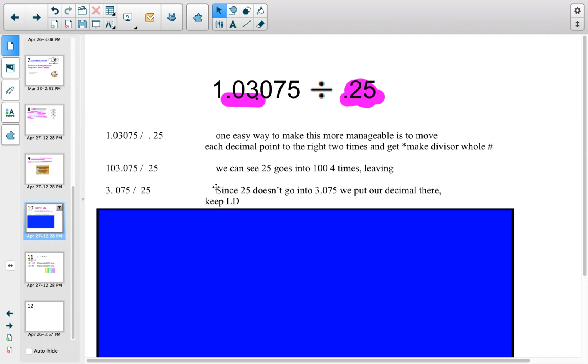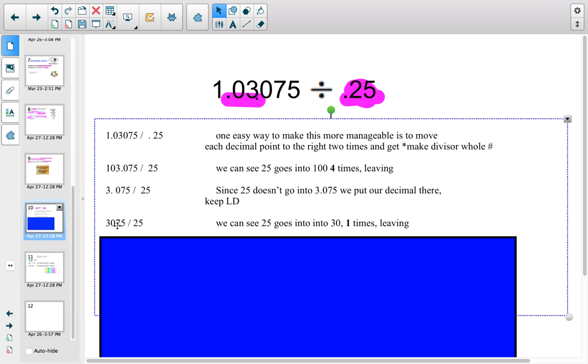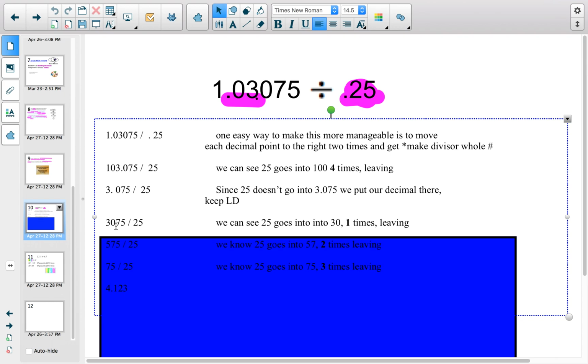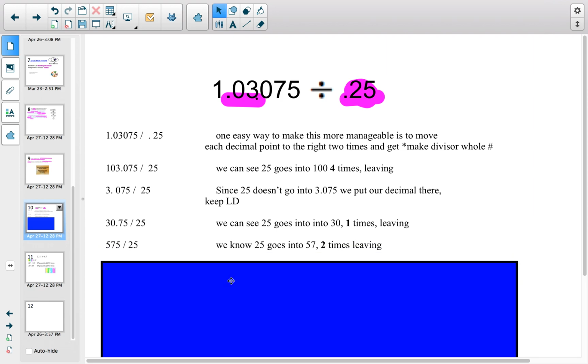No. So that's past our decimal. So now, we can move it over or carry down. 25 goes into 30 1 time with a remainder of 5. So we can carry that 5 down.